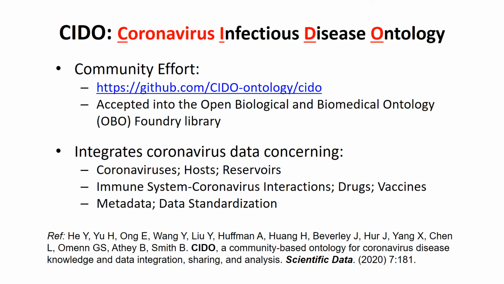It basically covers all aspects of coronavirus diseases, including the virus itself, hosts, reservoirs, or the immune system, and then how they interact with coronavirus, interactions, drugs, vaccines, and we also cover metadata and data standardization. The CIDO commentary paper has been recently published in Scientific Data.